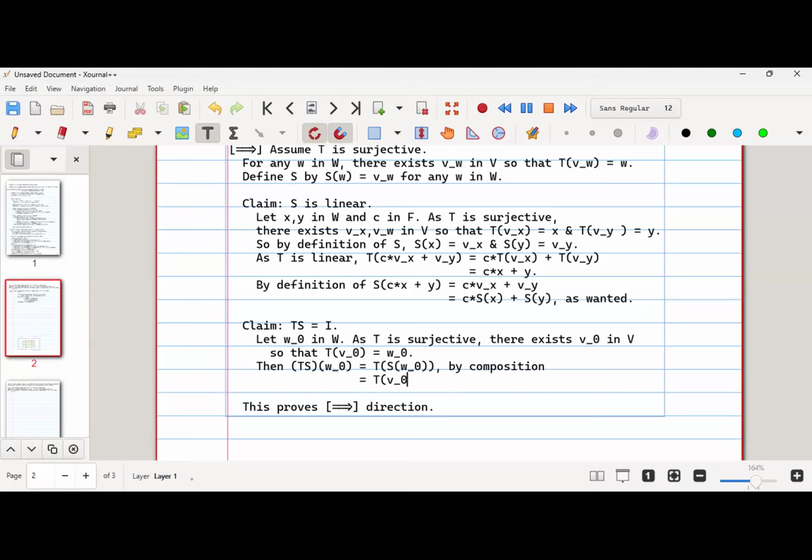This is just V naught by definition of S because of this, right? So let's just give it a star.